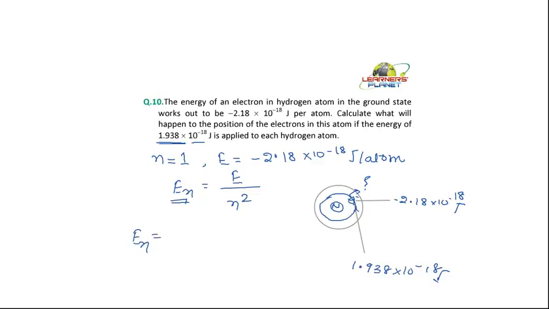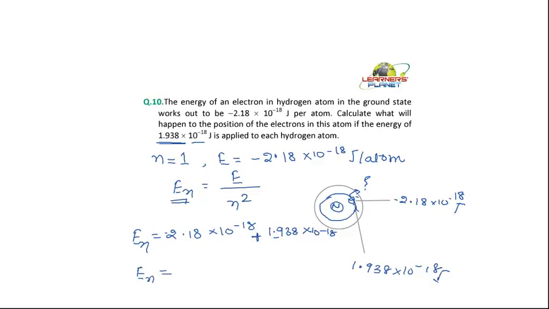So the energy of the electron in the nth orbit will be equal to the ground state energy, minus 2.18 into 10 to the power minus 18, plus how much energy we are providing from the outside, that is 1.938 into 10 to the power minus 18.